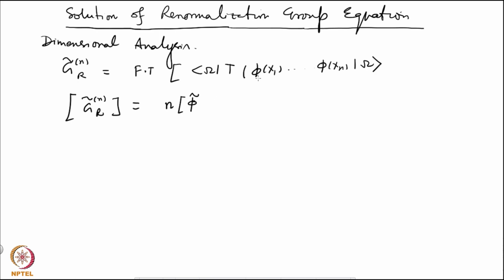You can put renormalized here. Whether you have phi renormalized or phi bare, they both have the same mass dimensions because z is dimensionless. Similarly, phi tilde renormalized or phi tilde bare will have the same mass dimensions. So this is n times phi tilde r.